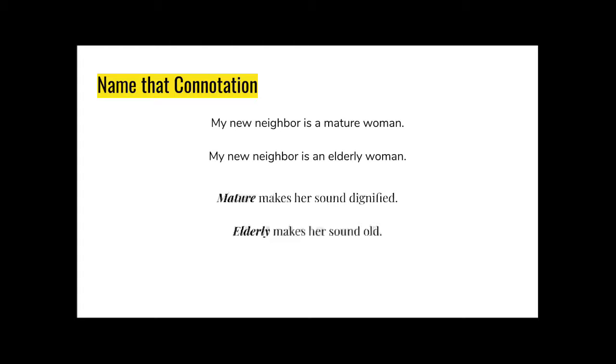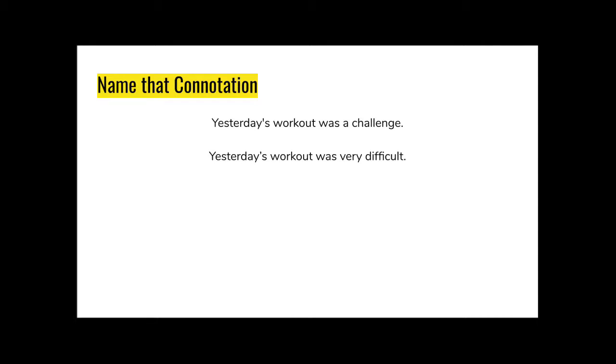Well, when we look at the word mature, it makes her sound dignified, whereas elderly makes her sound old. In this case, mature is going to give us the positive connotation, and elderly will give us the negative connotation.